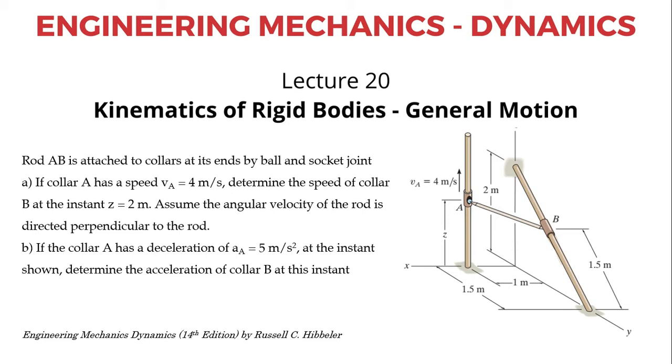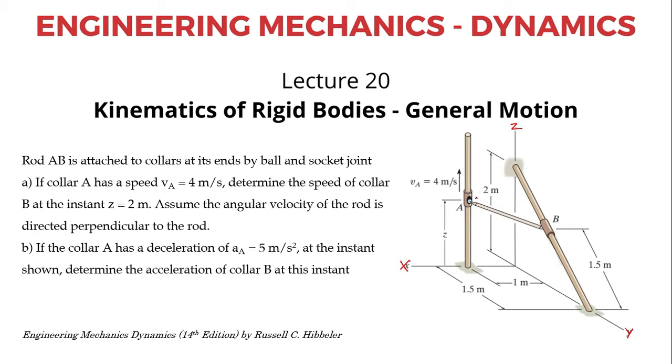To solve this problem, the reference frames have already been given to you. Even though in the question it is given as small x, small y and small z, I will consider this as capital X, capital Y and capital Z, that represents the fixed reference frame. And then I will attach my secondary reference frame to the collar A, and it will be embedded within the body, within the rod AB.